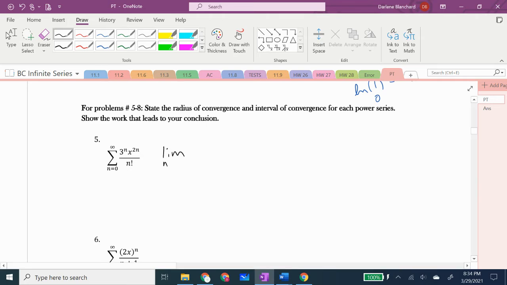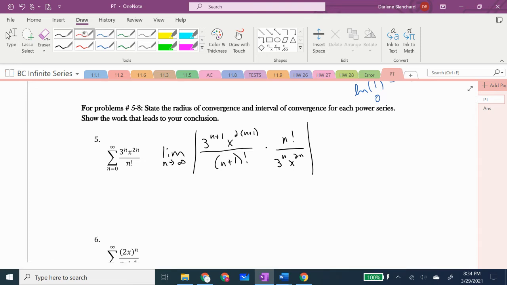So, limit as n approaches infinity of plug in n plus 1, times the reciprocal, and see what cancels. With 3 to the n in the denominator and 3 to the n plus 1 in the numerator, that will leave me with 1 left over in the numerator.